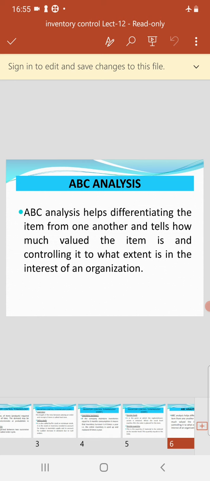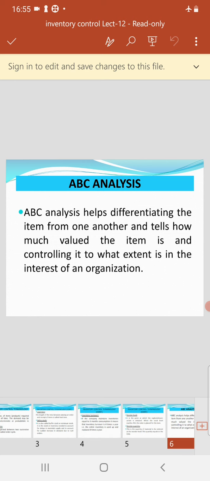So one type of maintaining proper inventory is ABC analysis. ABC analysis helps differentiate the items from one another and tells how much valued the item is, and controlling it to what extent is in the interest of an organization.